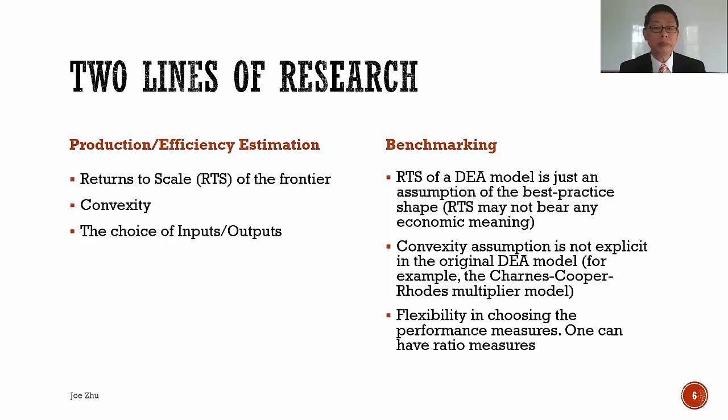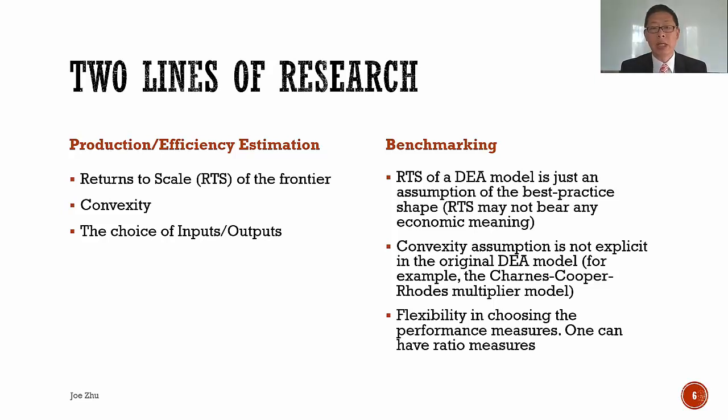However, when you treat DEA as a benchmarking tool, you just have a set of bank branches and you want to see which ones are the best practices. People still use return to scale, but here it may not necessarily reflect the economic definition of return to scale.